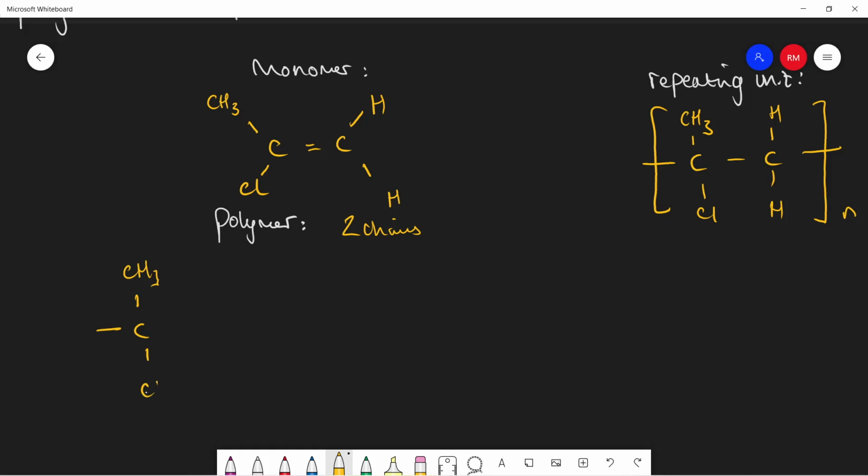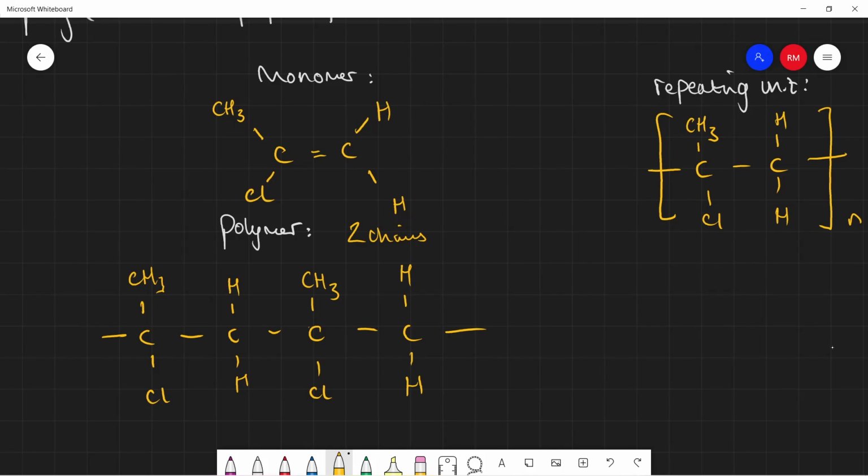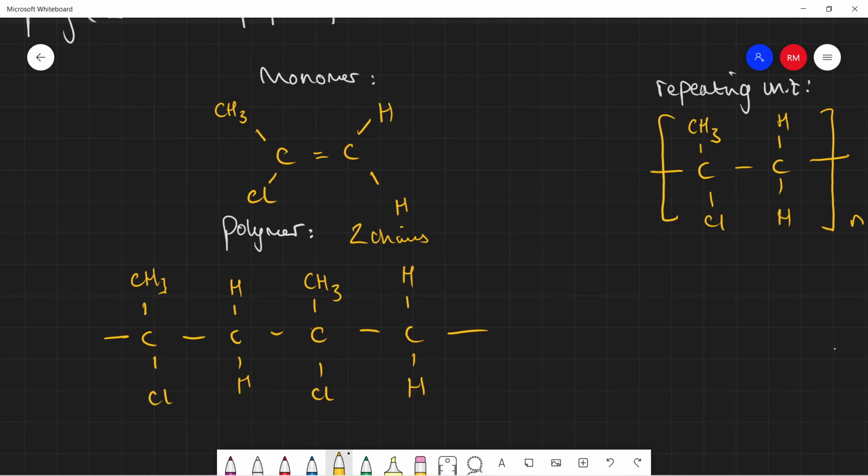CH3 Cl, but we just don't have to include the brackets here, really. Sometimes I've seen a question like this before, and I thought I might ask it, so there you go. And that's two chains of the polymer. So, well, two repeating units per se.